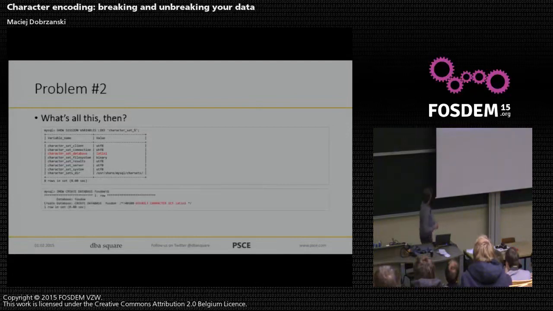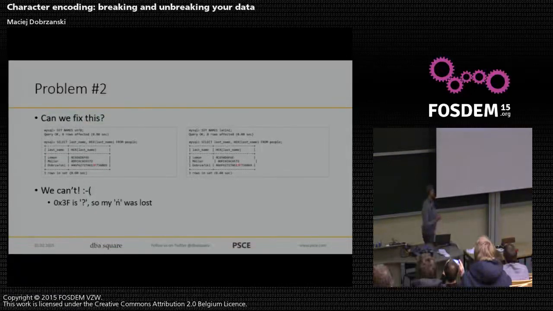Why is it? Well, because when we first created the database, we had the server running with Latin 1 default encoding. So the database got its own schema-level character set Latin 1, and we've never fixed that. We converted data, we converted tables. That was fine, but all new tables that we kept creating later were receiving this old encoding associated with a schema.